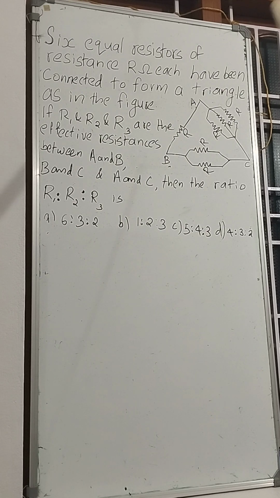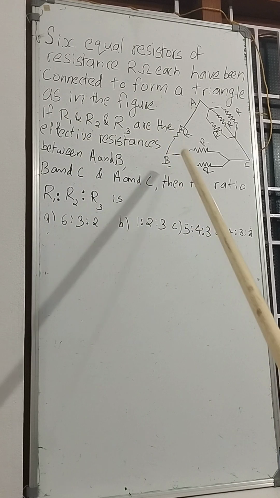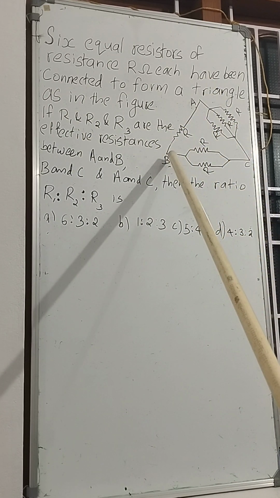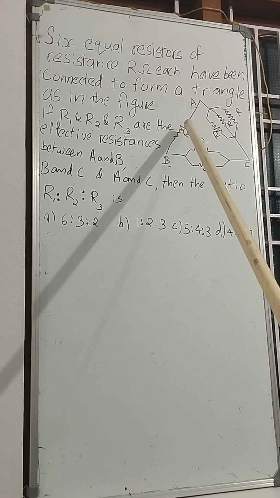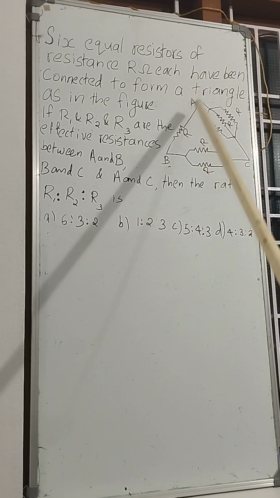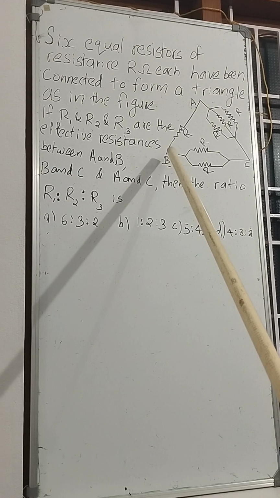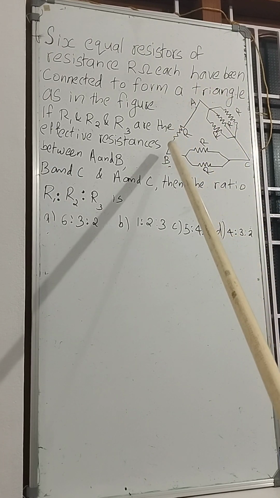And it is given that R1, that is the effective resistance of the entire network between the terminals A and B. But here it is marked as R. What is R? That is only the resistance of that part between A and B alone. That is different from the effective resistance of the entire network between the terminals A and B.